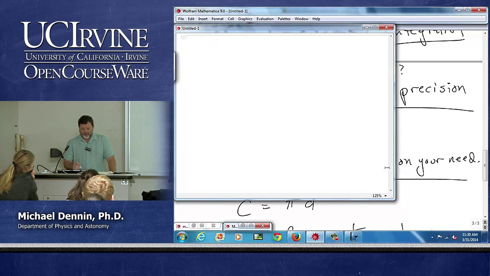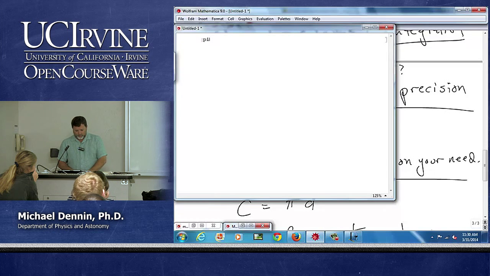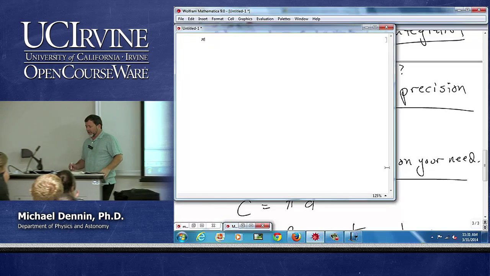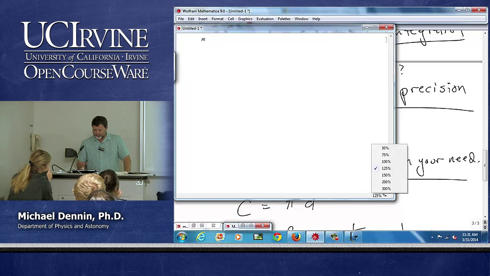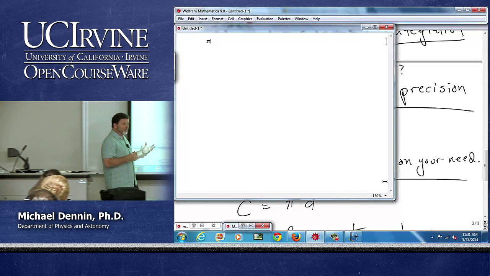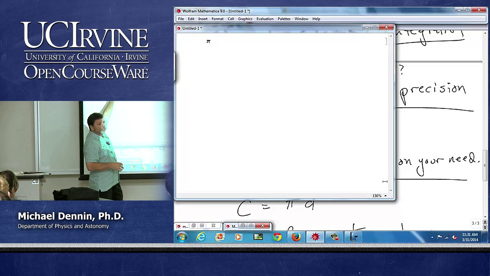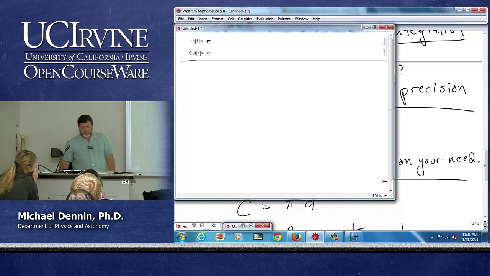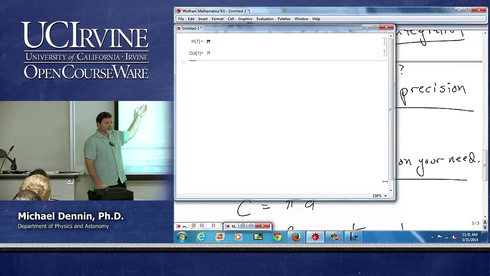So if we're working in Mathematica and I want the number pi, one way to do it is to make it look like the Greek letter pi by typing escape, pi, escape. Using the escape command gives you a lot of shortcuts. Shift enter executes what I'm doing, and it tells me pi is pi.